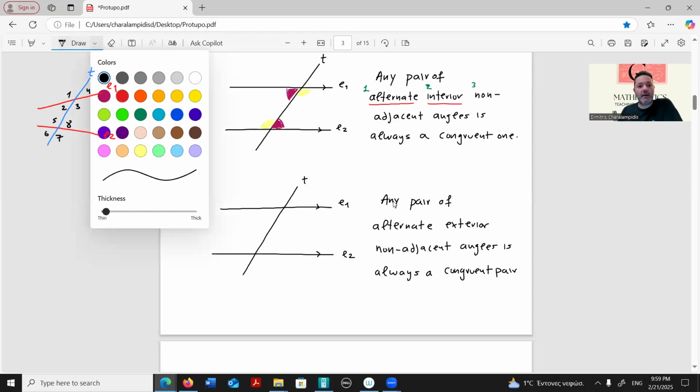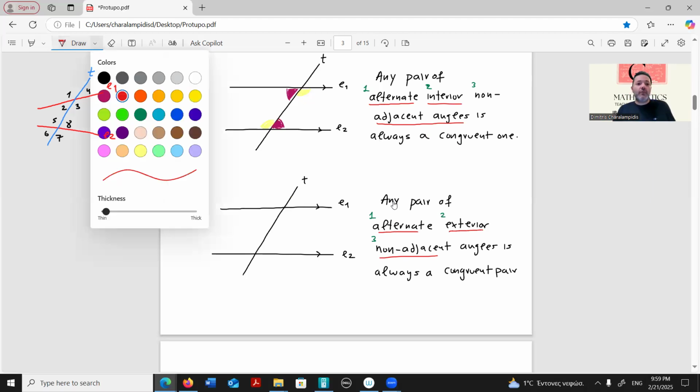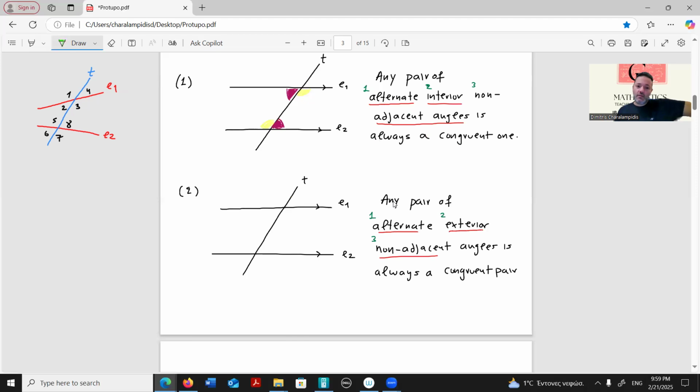Let's see. Again, I used three keywords: alternate, exterior, non-adjacent. Let's underline that as well. And they would be adjacent if they were one right next to the other, but now we don't want that to happen. So let's see for which angles that would make sense.